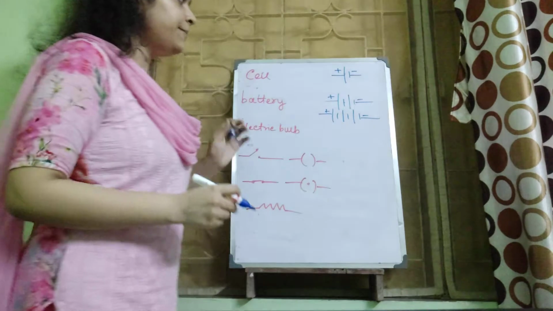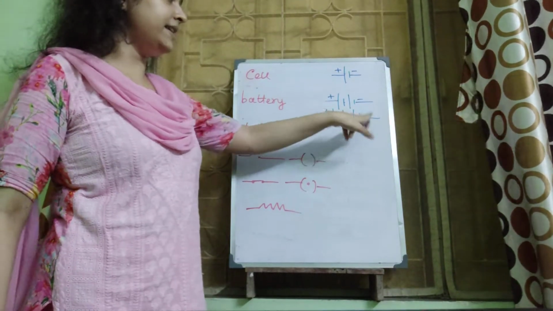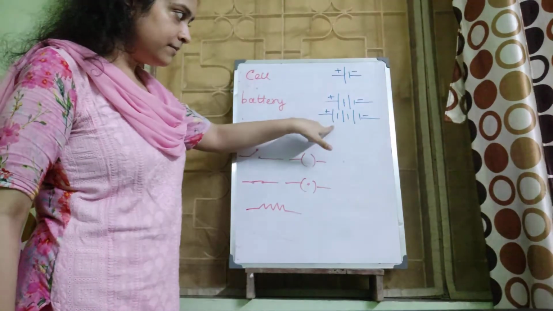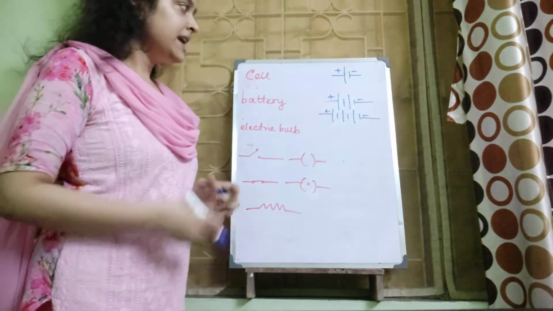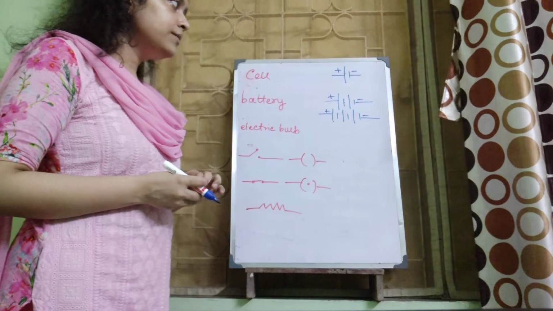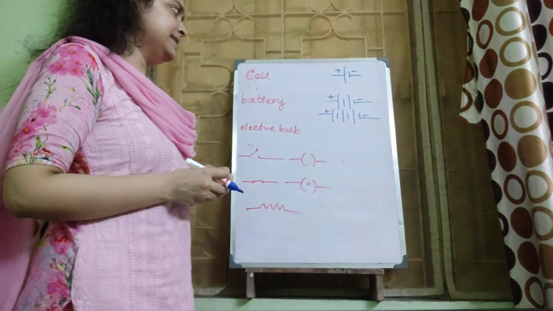And I'll just give a plus minus at the very beginning and very end. Very beginning, bigger one, so plus. Very end, smaller one, so minus. So, this is how we represent battery.